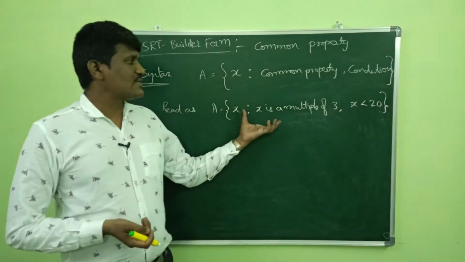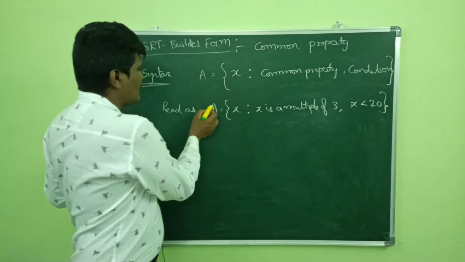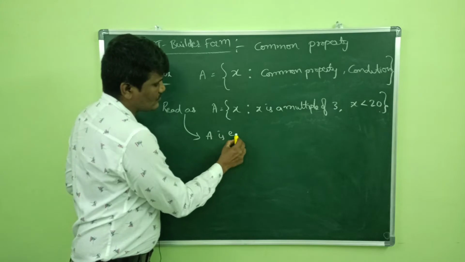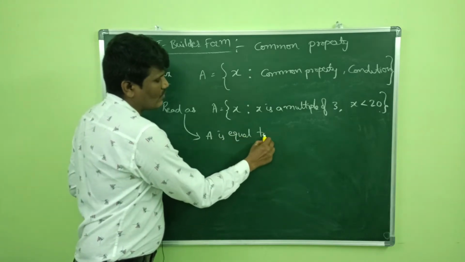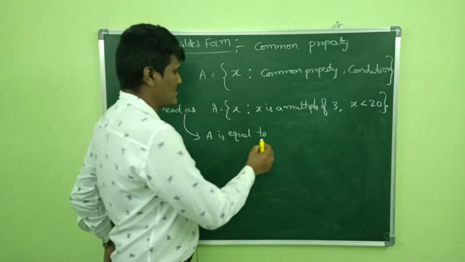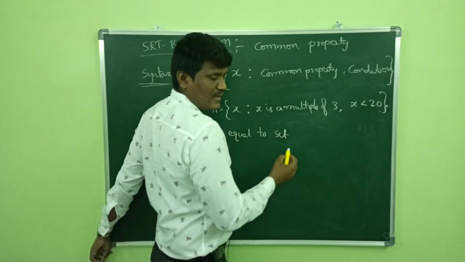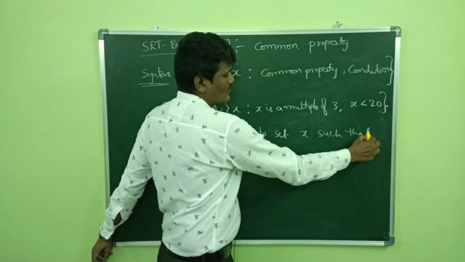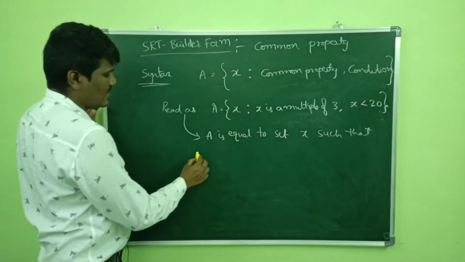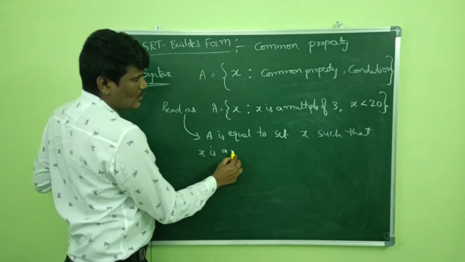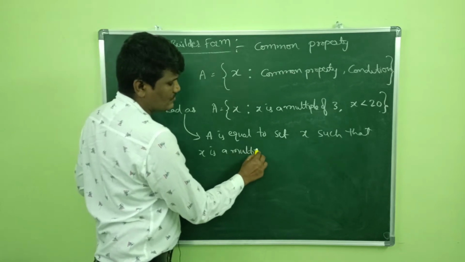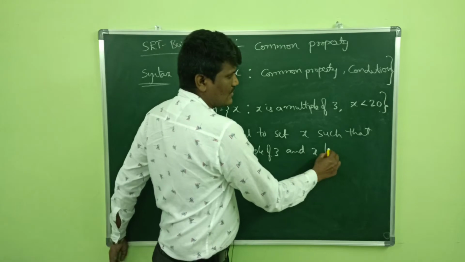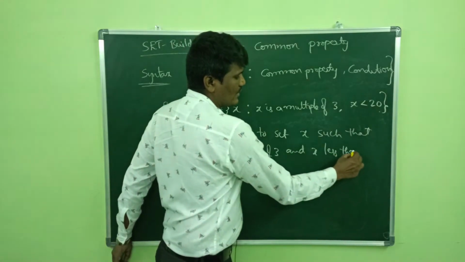So this is the set builder form. We will read this as: A is equal to the set of x such that x is a multiple of 3 and x is less than 20.